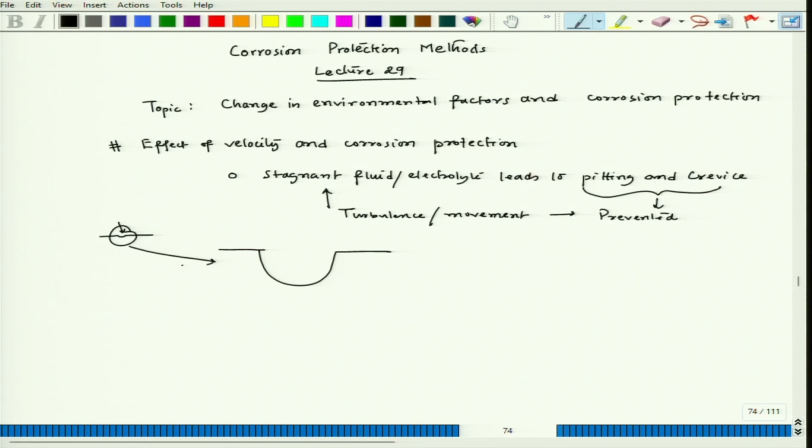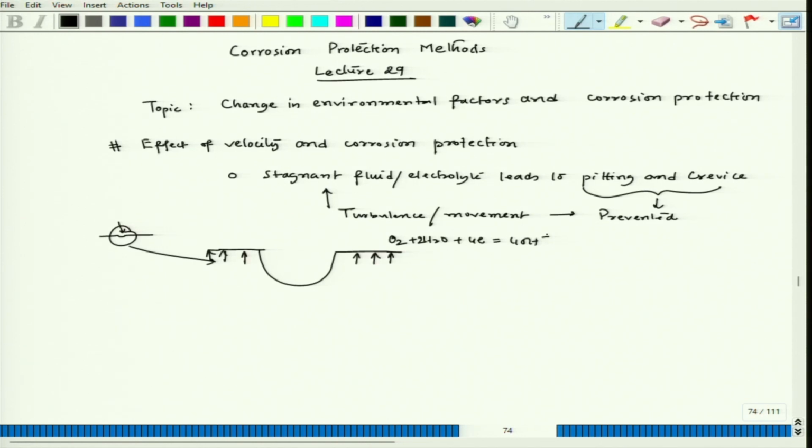Now what happens? On the outside surface we have sufficient dissolved oxygen, which will react with H2O, if we consider a neutral solution, and form 4OH minus.